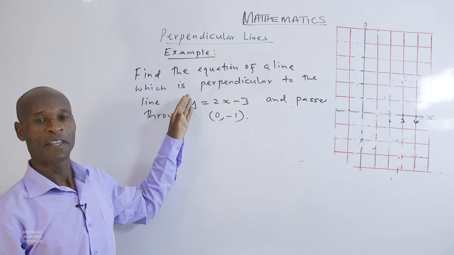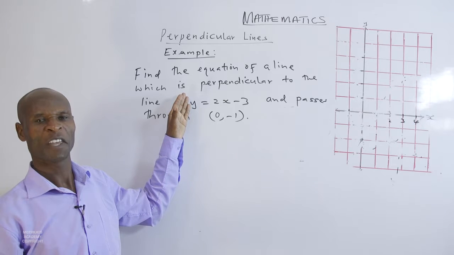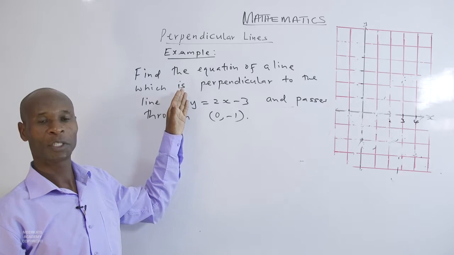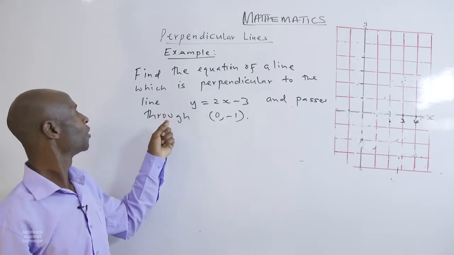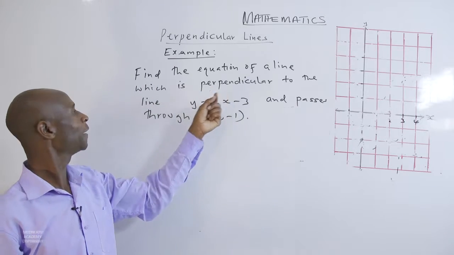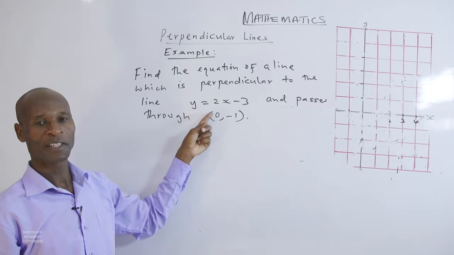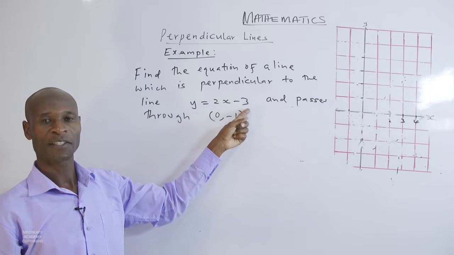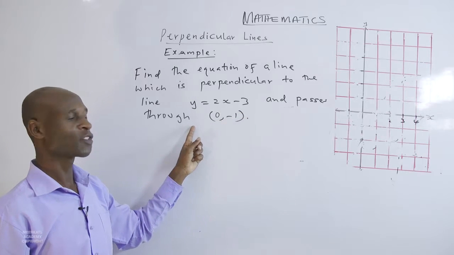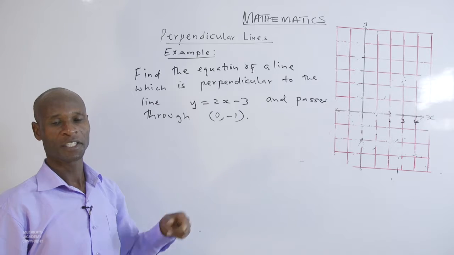Let us now look at this illustration to assist us solve questions involving equations of perpendicular lines. So in this particular example, the question reads, find the equation of a line which is perpendicular to the line y is equal to 2x minus 3 and passes through the given point 0, negative 1.